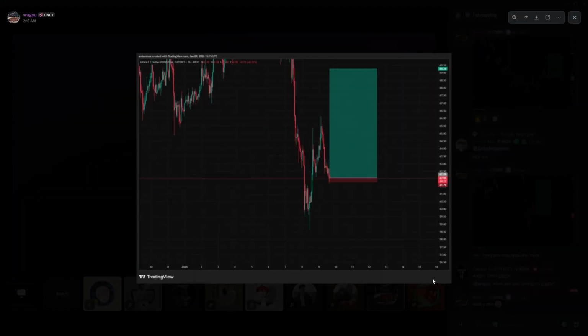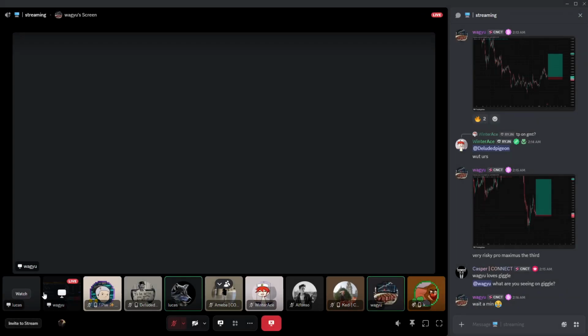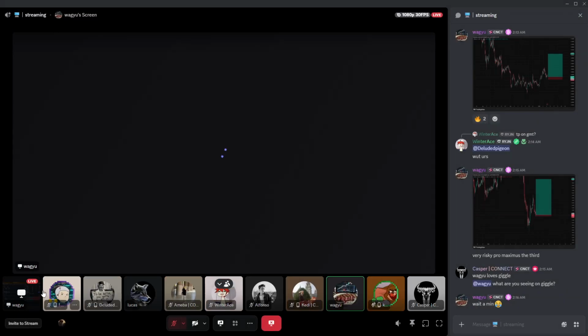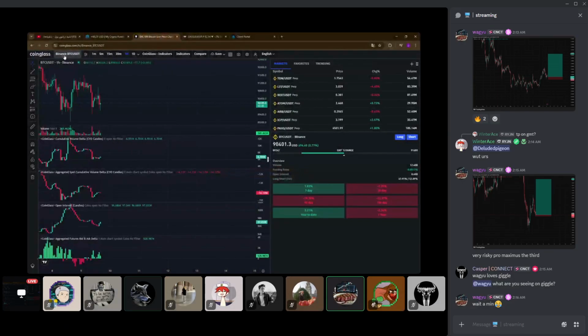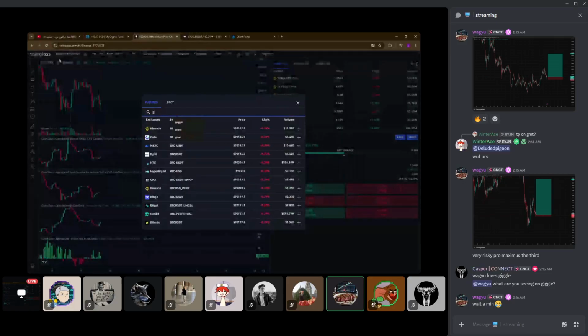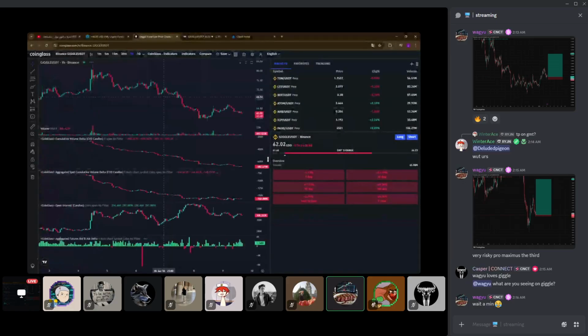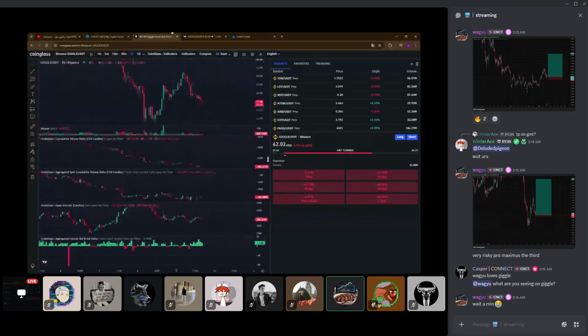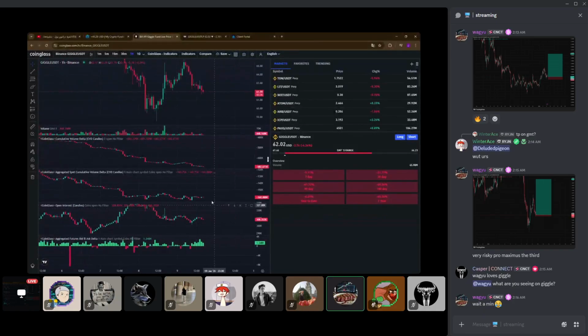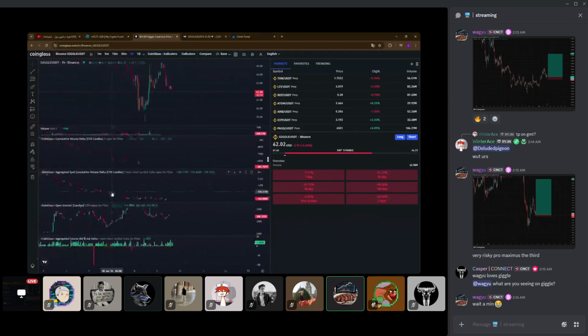Right here, so let me show you. This is a breaker on the LTF, and this is a hammer reversal. Outside that, there is real demand stepping in on Giggle, which is good. Some great things happening on this specific deviation. And here you see spot CVD finally calm.